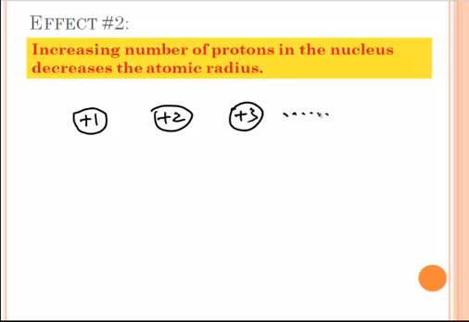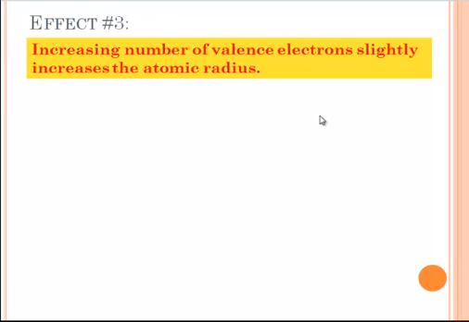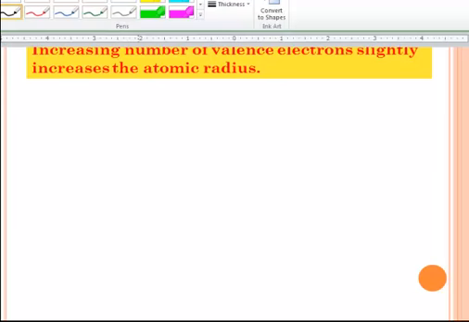And the third effect is that increasing number of valence electrons slightly increases atomic radius. This is a bit more challenging to explain, but let me do my best.